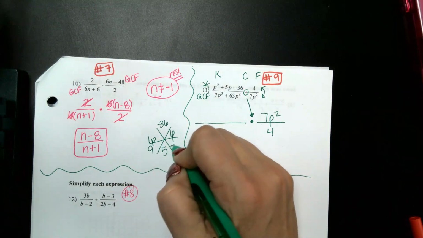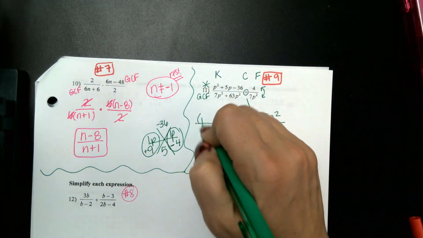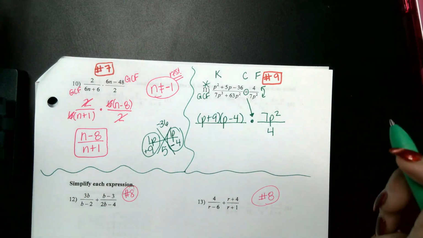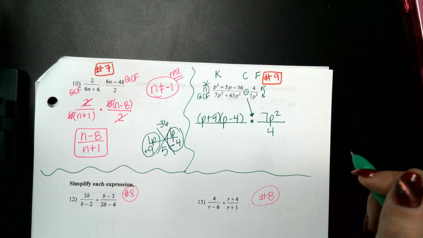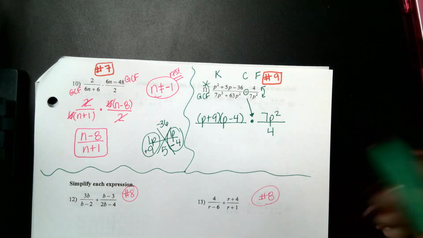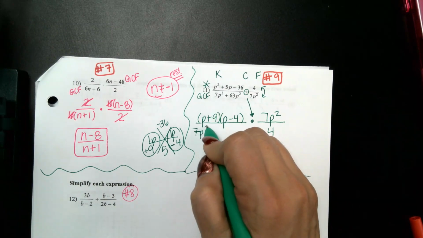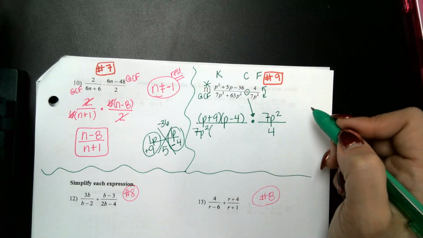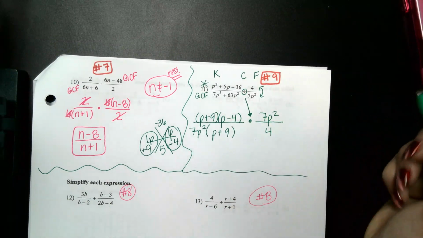Positive 9, negative 4. So p plus 9 and p minus 4. For the GCF on the bottom, they're both divisible by 7 and p squared, leaving p plus 9 on the inside.